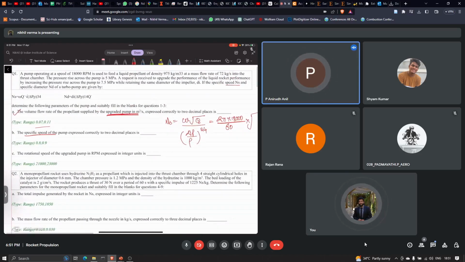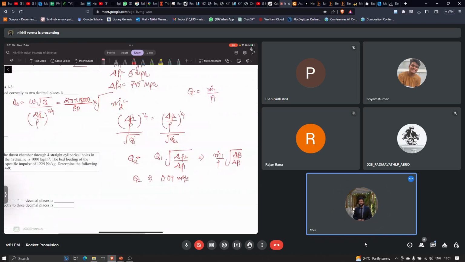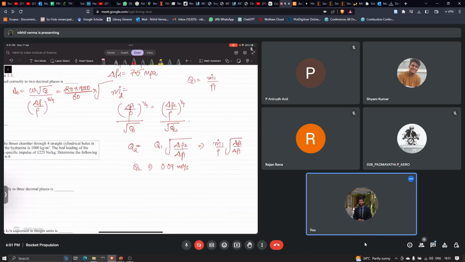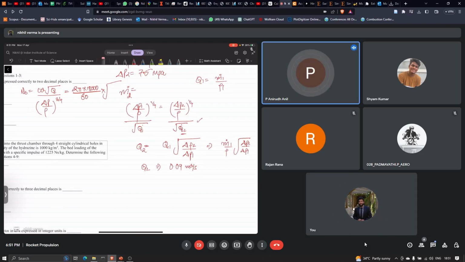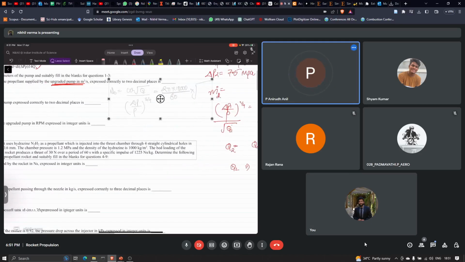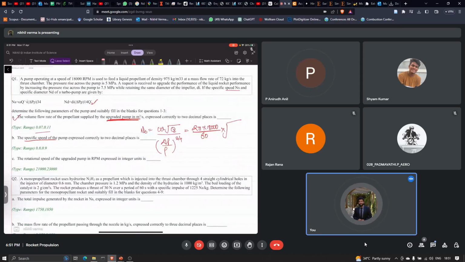In the first question of this problem they were asking for the new flow rate, so we equate the specific diameter and based on that calculate the flow rate in the other case. The second part is part of the first question only. So we have to find the specific speed.